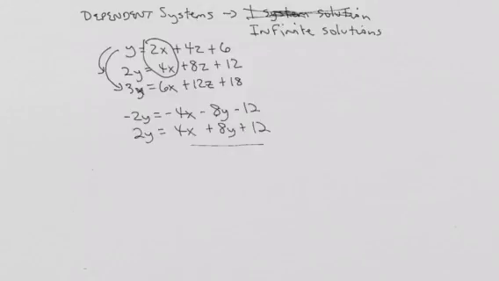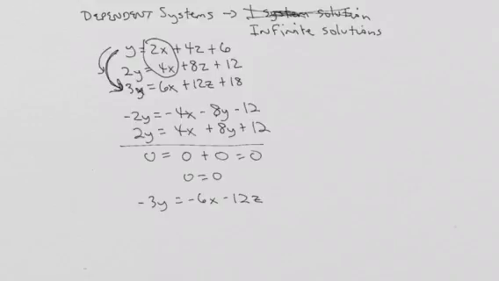But look what happens. I get 0 equals 0. Well, that's always true, no matter what the particular values of x, y, and z are. Now I'm going to try to get rid of x using 1 and 3. If I multiply the first equation by -3 to get -6x, I'll get -3y equals -6x minus 12z.